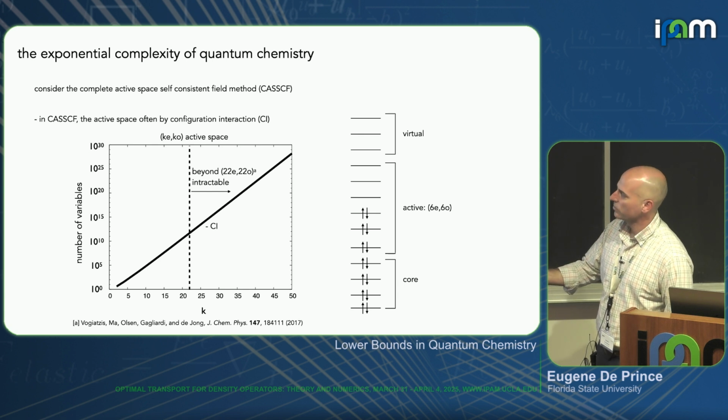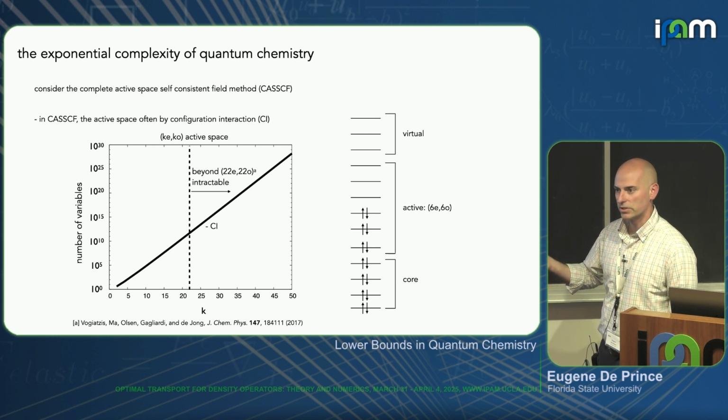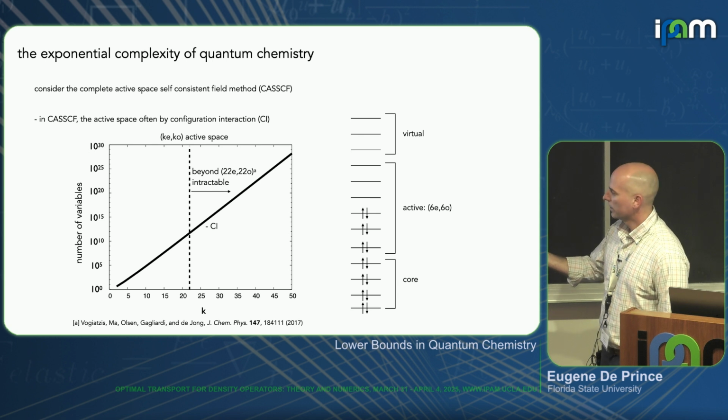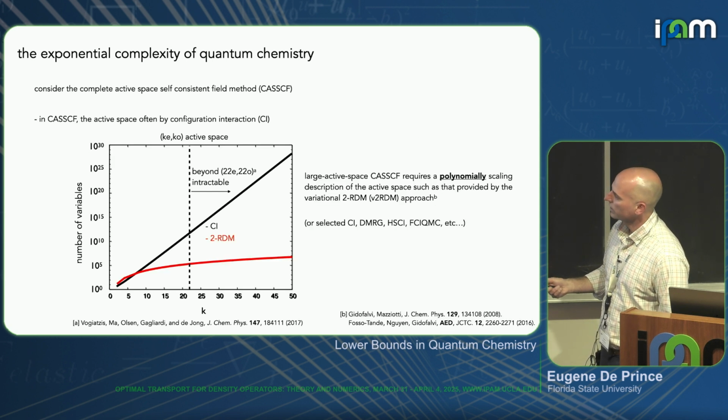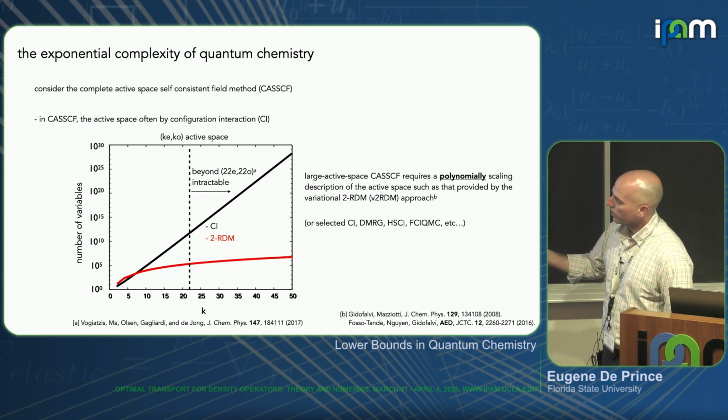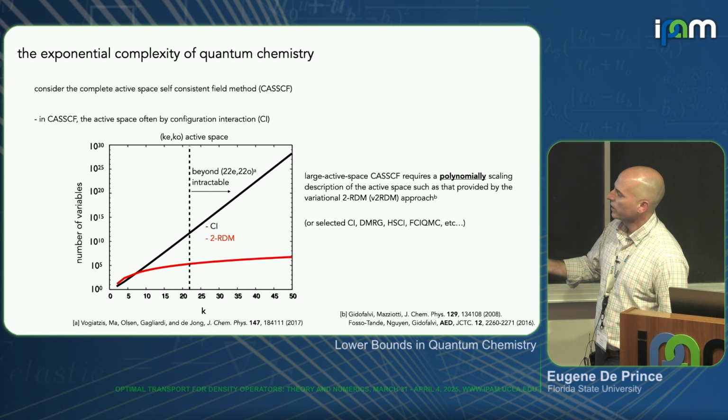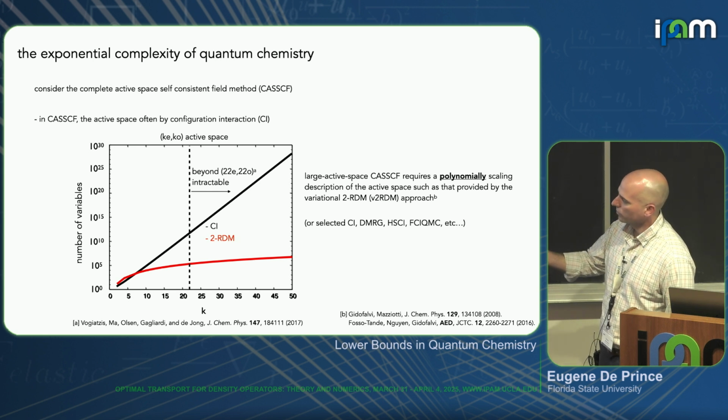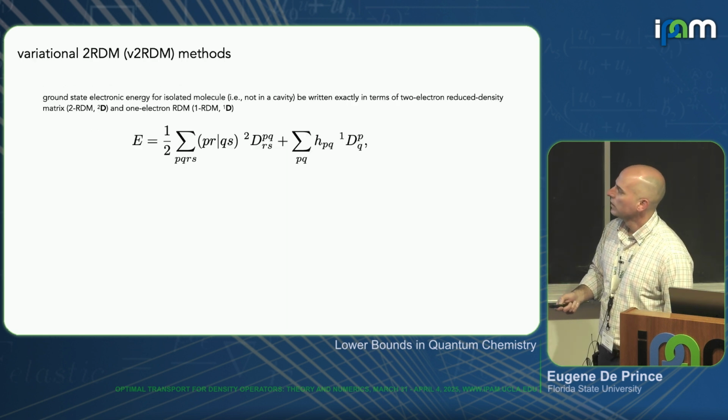So if you want to go past this limit, you have to find some other representation of the electronic structure that scales polynomially with system size. The approach I'm going to talk about in the first half of this talk is this variational 2-RDM approach. And there's many other ways to do this: approximate CIs, selected CI or heat bath CI, tensor network methods, and so forth. But I'm going to focus on the 2-RDM methods.